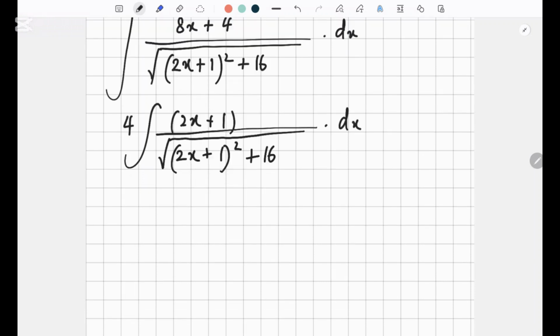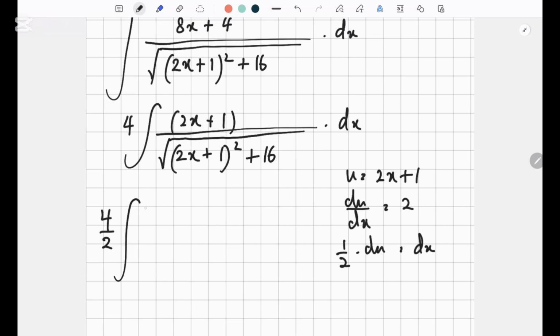This integration is actually easy. We can write u equals 2x + 1 and take that as the substitution. So we find du over dx, which is 2, so half du equals dx. Let's put in the substitution. I'm just going to put the half in front.